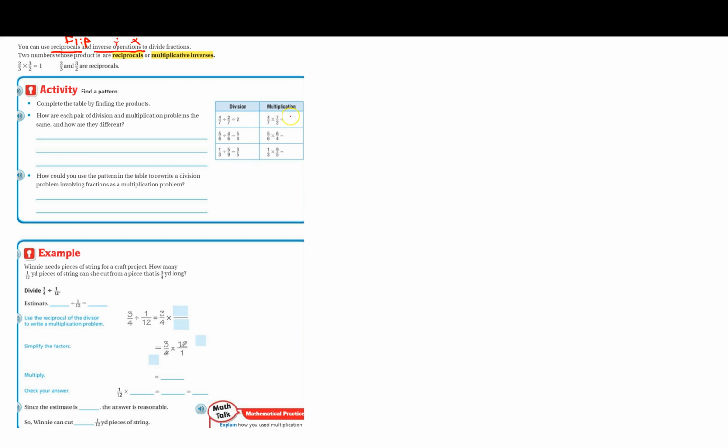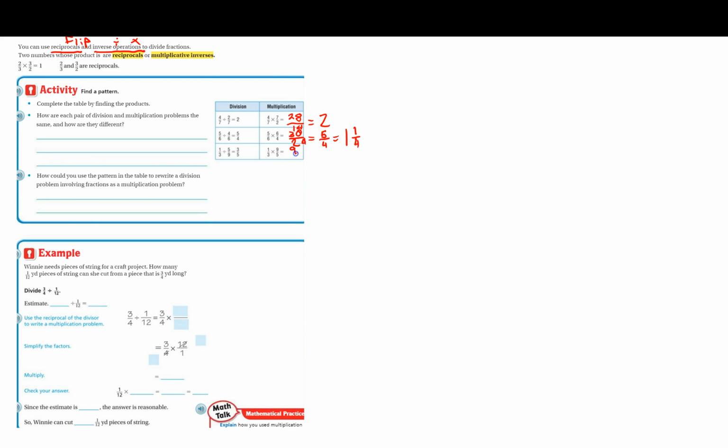So 4 times 7 is 28. 7 times 2 is 14, which would simplify to 2. 5 times 6 is 30. 6 times 4 is 24, which would simplify to 5/4, and that would simplify further, or change to a mixed number, 1 1/4.